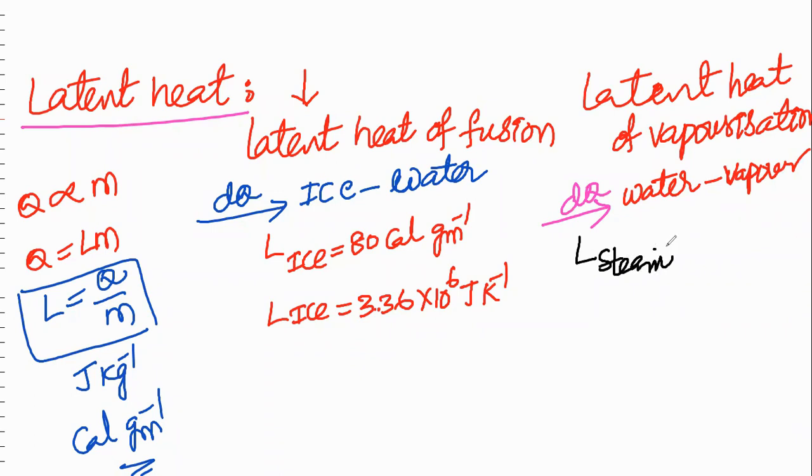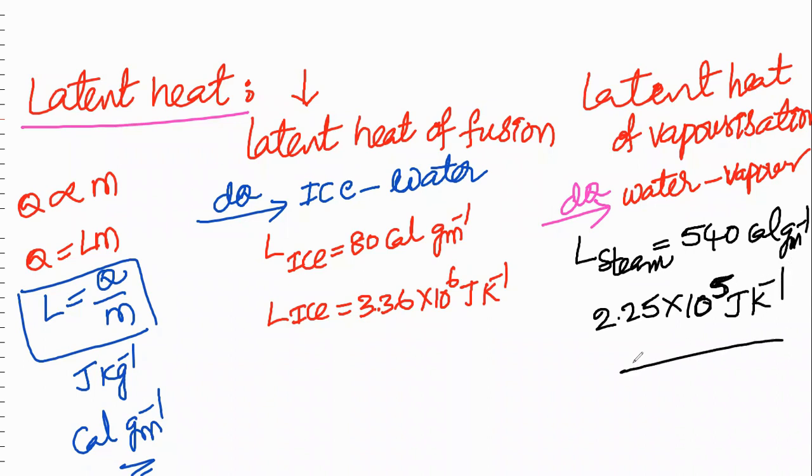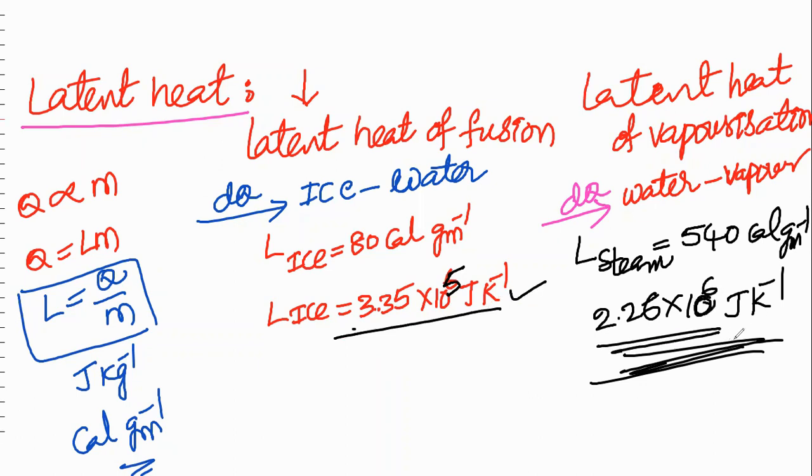The latent heat of steam is equal to 540 calorie per gram, or 2.26 into 10 power 6 joule per kg. The latent heat of fusion of ice is 3.35 into 10 power 5 joule per kg. These are the latent heat of fusion of ice and the latent heat of vaporization of water.